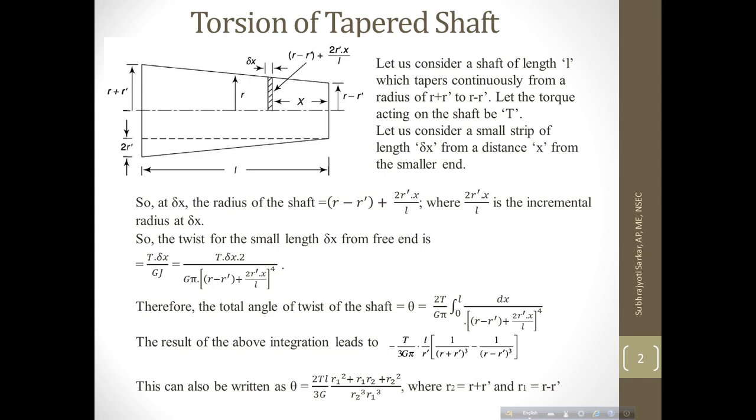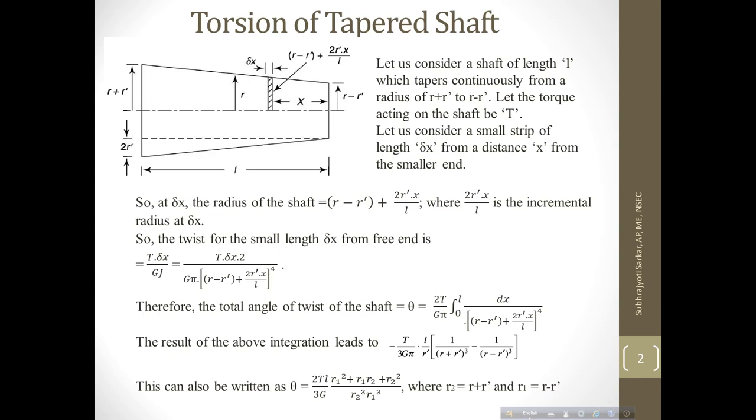It is r plus r dash minus r minus r dash, that is twice r dash, into, by unitary method, x by L for the whole length. So twice r dash is the incremental for the whole length, and for the length x it is twice r dash into x by L, the incremental radius at del x.